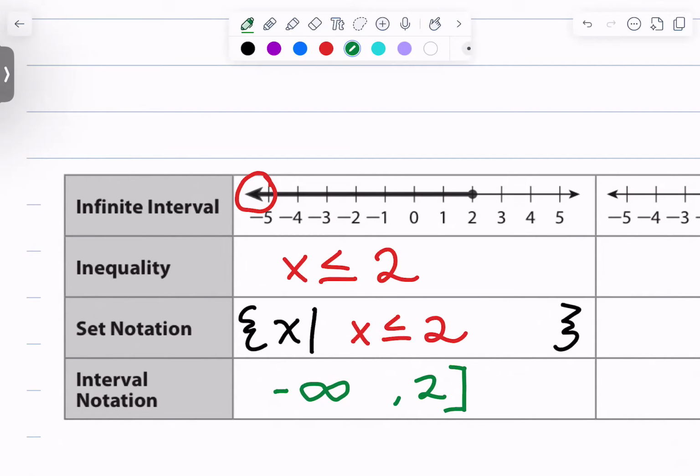Can I stop there? No. How about negative 333 trillion and 50? No. Since there is no number that we can include, it's always going to be parentheses around a negative infinity and a positive infinity.